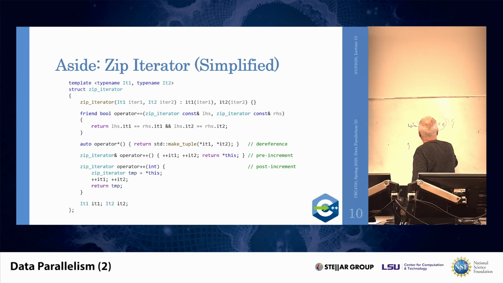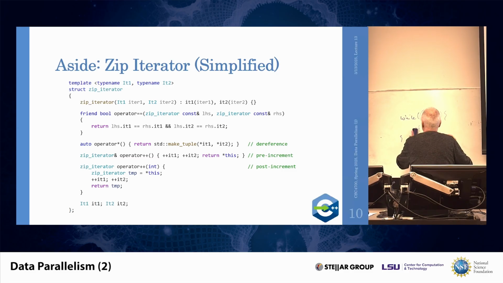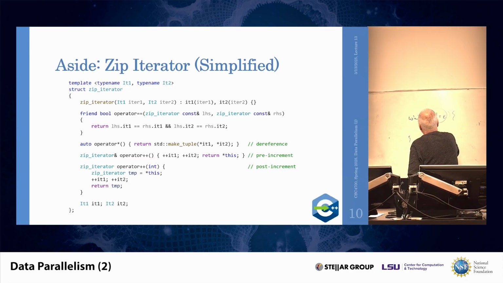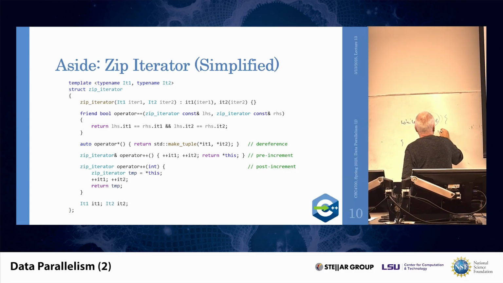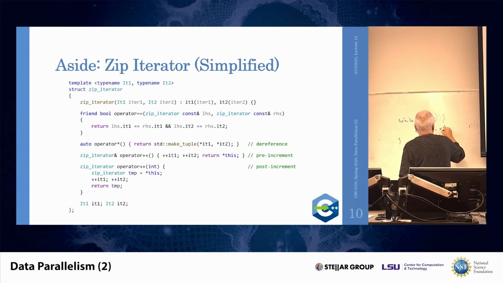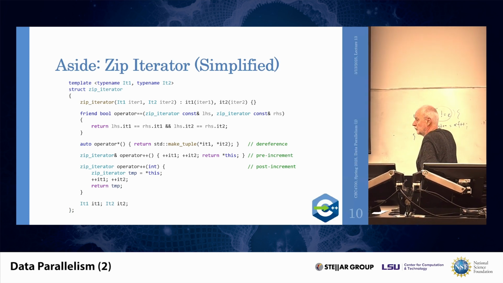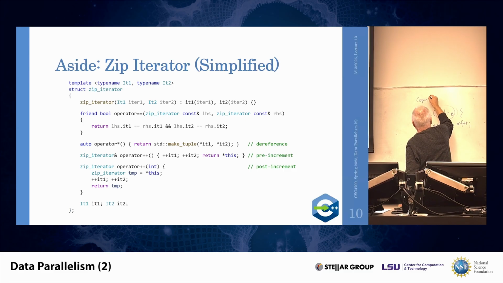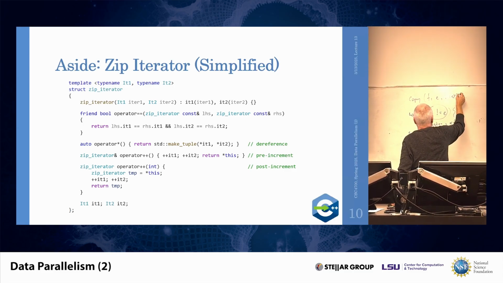We want to copy. We say star destination plus plus equals star first plus plus for a normal copy. Copy from first to end to destination.